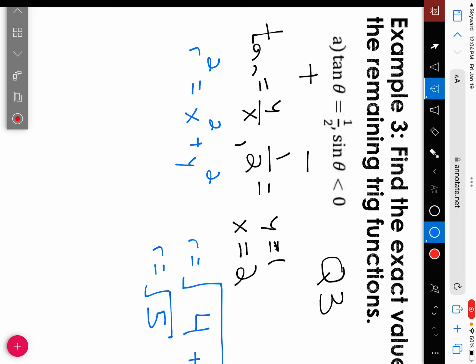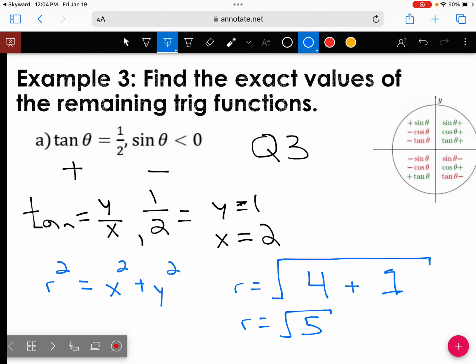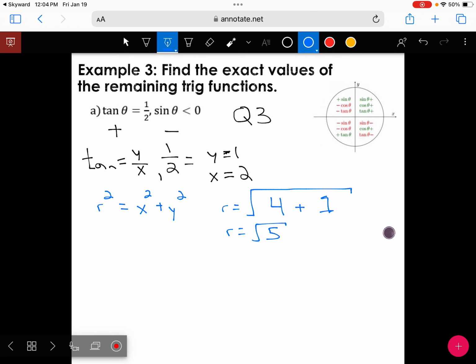So we already have tangent. So let's start with the easy one, right? Which one do you think we should start with if we already have tangent? Cotangent, exactly. Why do you think cotangent? You just flip it. Exactly. So what's our cotangent of theta going to be? 2/1. Yep, exactly.